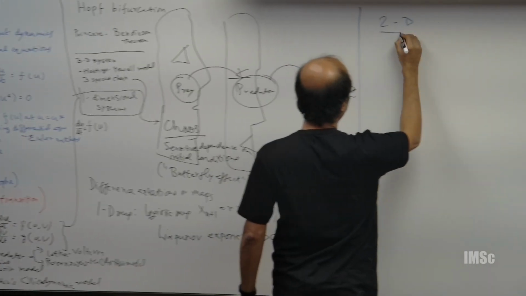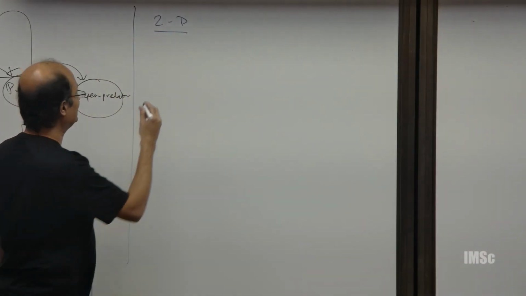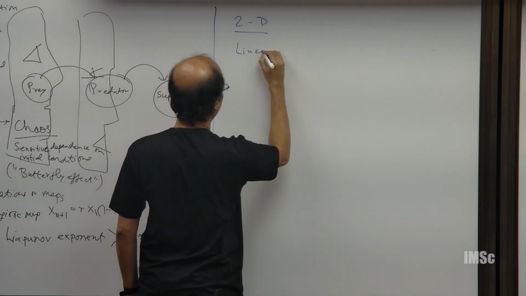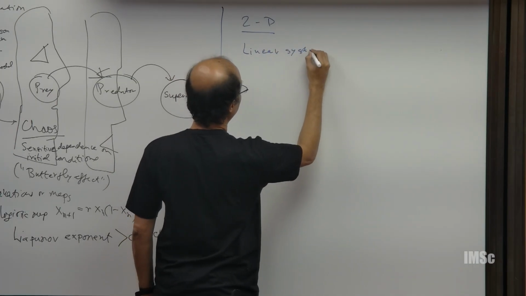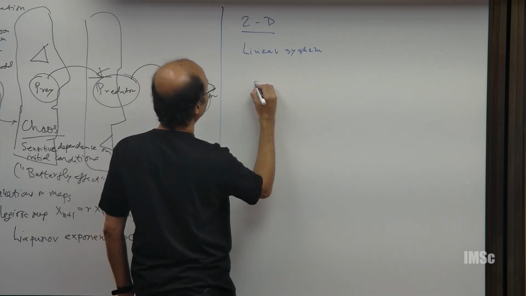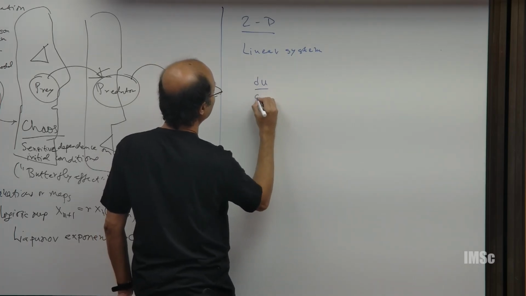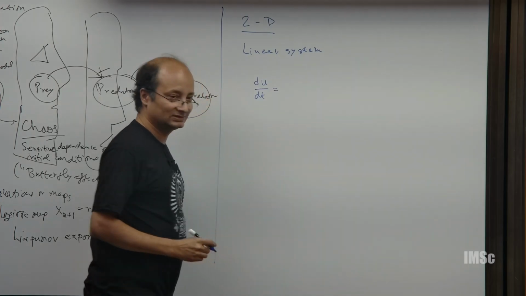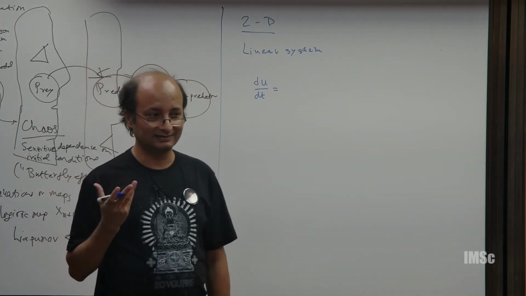2D. Okay. So, first let us look at a linear system of 2D equations. What is the most general one I can think of? du/dt equal to, what is the simplest linear equation I can write?